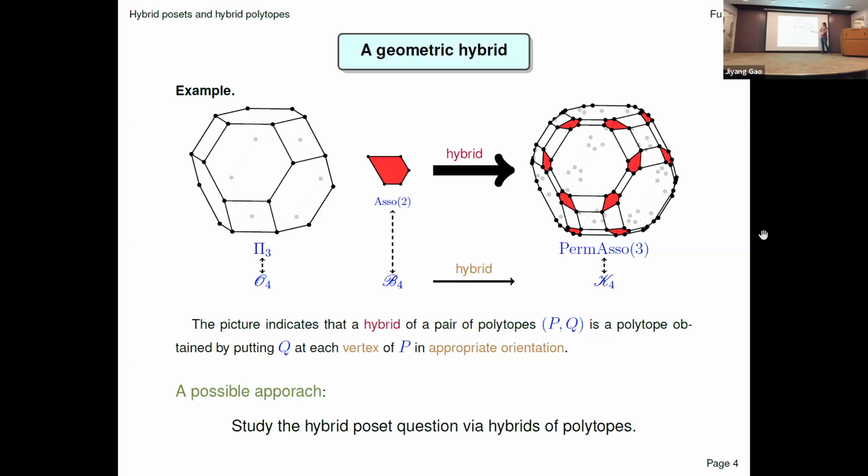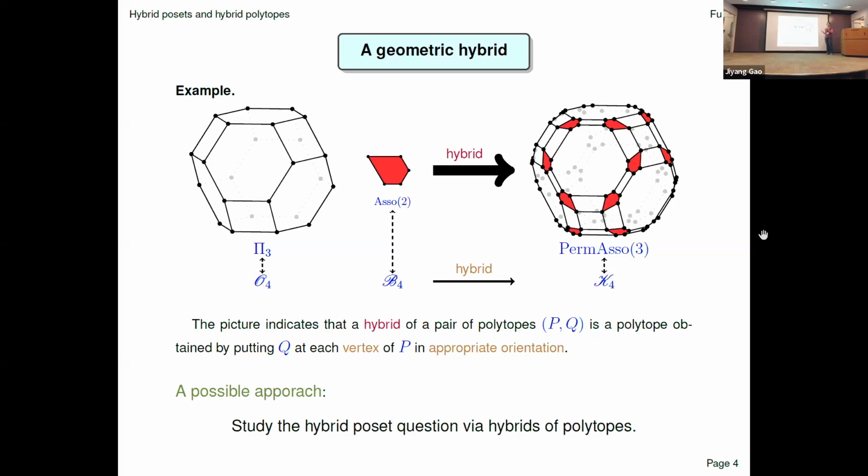Now, if I look at this picture of a 3-dimensional permutoassociahedron, one way to see it is that it can be understood as obtained from the first polytope in the pair by replacing each of its vertices with a copy of the second polytope in the pair. So this picture indicates to me that maybe this is a way to define a hybrid between a pair of polytopes.